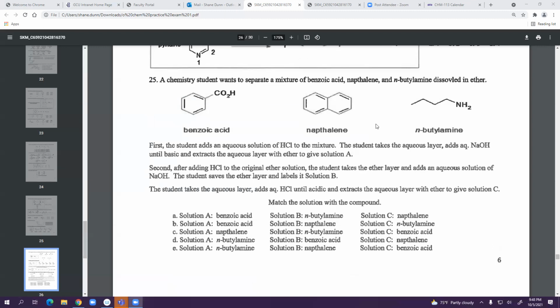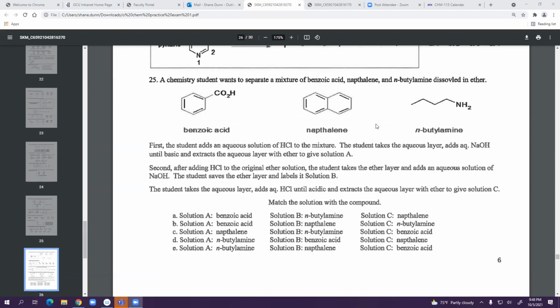I am going quickly through these questions because in about 10 minutes they're going to kick me out and the computer will shut down. I want to be able to upload this to YouTube tonight, so let me briefly go through the last one. A chemistry student wants to separate a mixture of benzoic acid, naphthalene, and N-butylene.